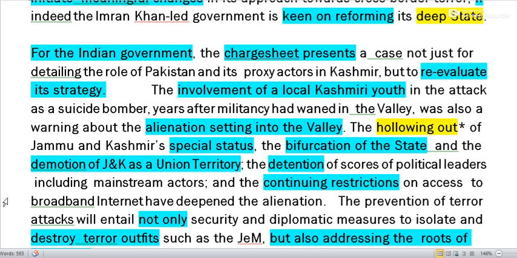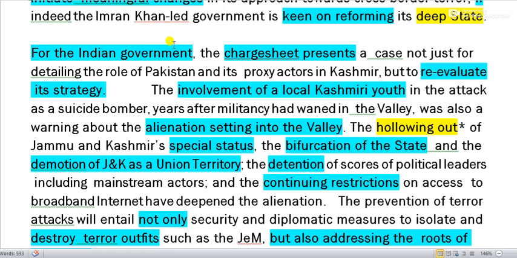For the Indian government, the charge sheet presents a case not just for detailing the role of Pakistan and its proxy actors in Kashmir, but to re-evaluate its strategy. Now it says that for the Indian government, the charge sheet is not just to speak about Pakistan and the people over here in Kashmir who act according to their instructions.